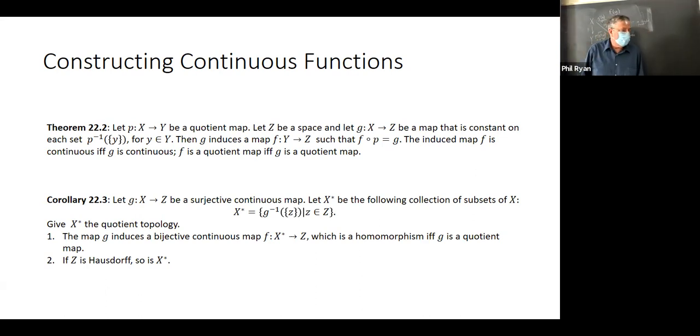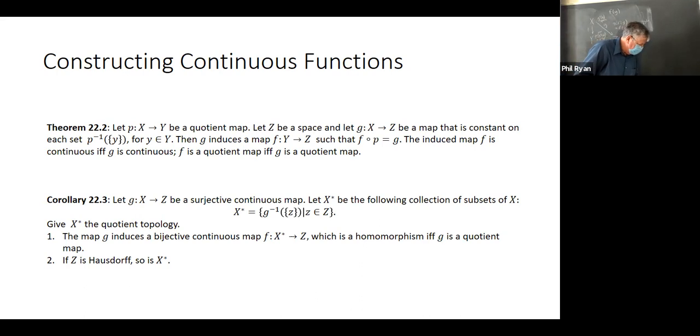And why is Z Hausdorff? Well, if you've got distinct points in the quotient space, what do we want to do? We want to be able to put neighborhoods around those distinct points. Well, the images under F are distinct because it's a bijection.